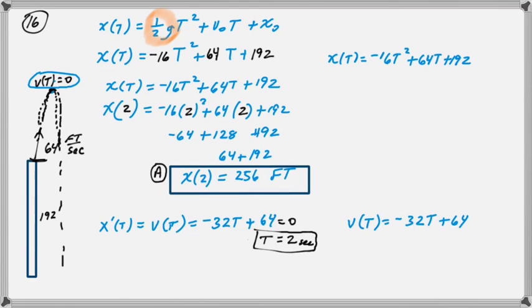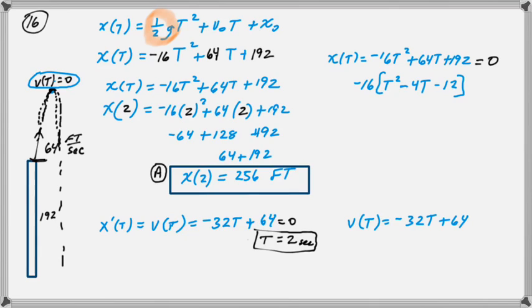That's the height above the ground. When it hits the ground, the height above the ground is 0. So I make this equal 0. I'm going to factor out a negative 16, or use the quadratic formula, or use my graphing calculator. One of those. 16 times what is 192? Is it 12? Let me check.